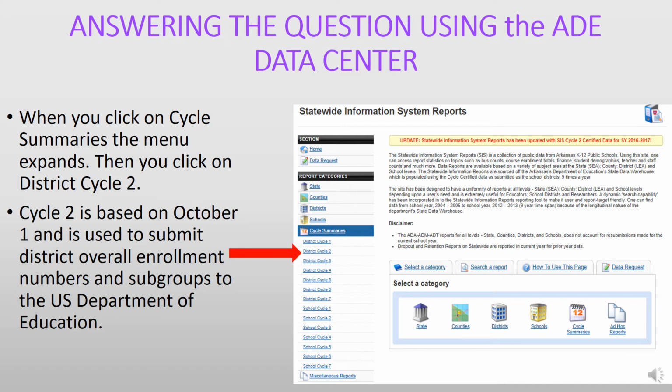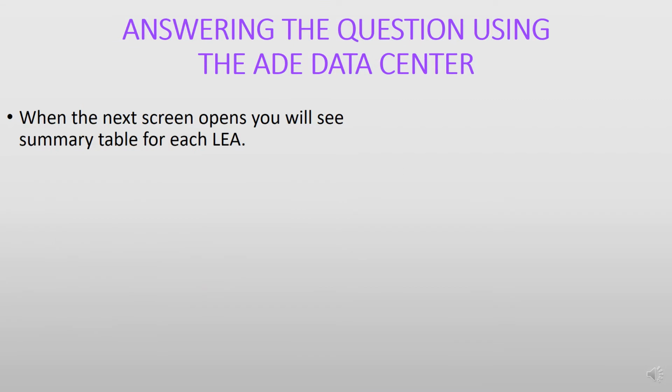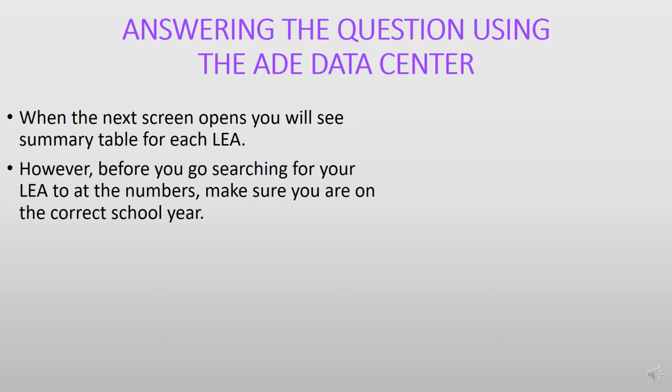Cycle 2 is based on October 1 and is used to submit district overall enrollment numbers and subgroups to the U.S. Department of Education. After clicking on Cycle 2, the screen opens up and you will see a 2-column summary table for each LEA. However, before you go searching for your LEA to look at the numbers, make sure you are on the correct school year.